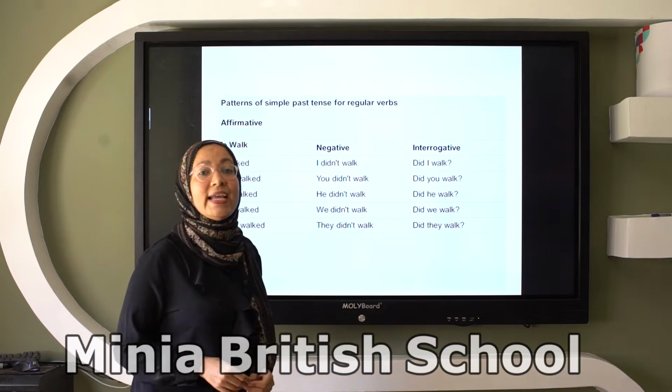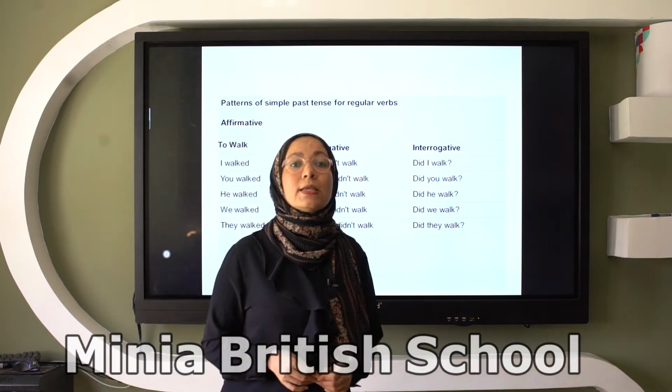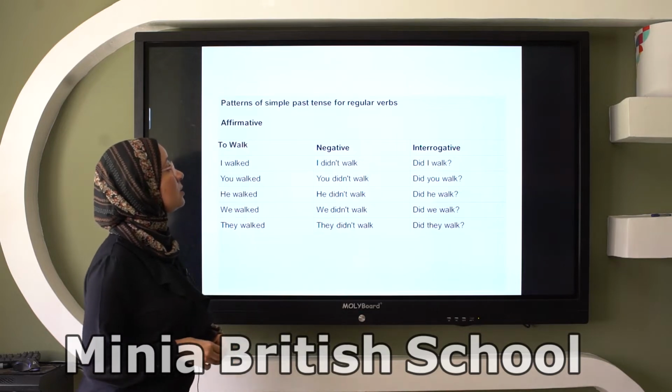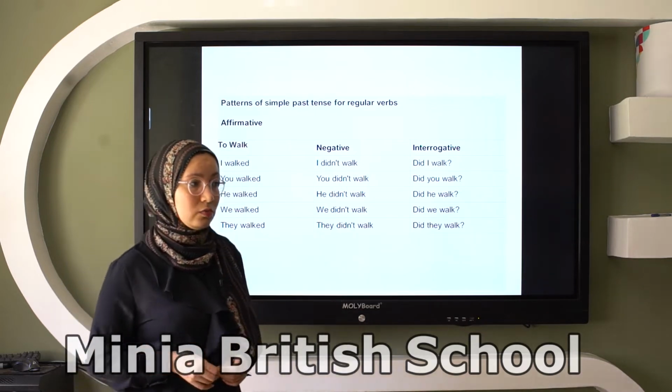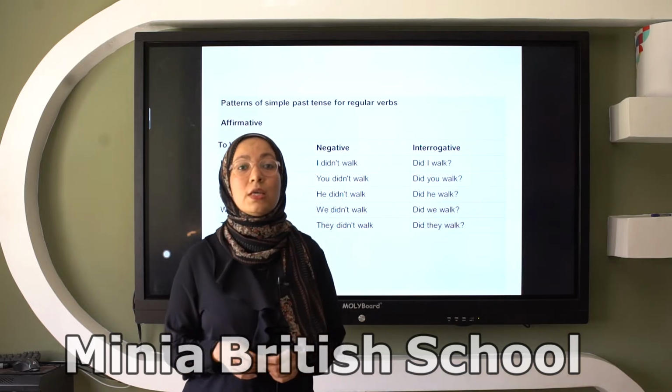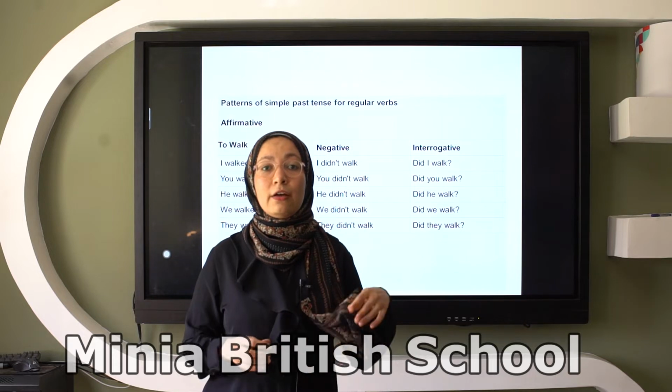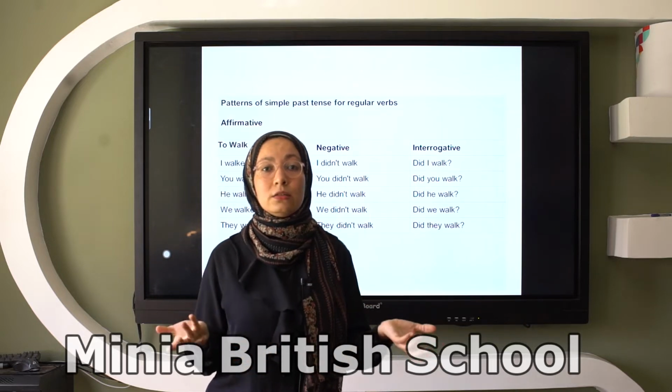How about the form? How can we form the simple past? Of course, patterns of simple past tense for regular verbs. We have mentioned many times that any tense in English or in grammar has regular forms and irregular forms.